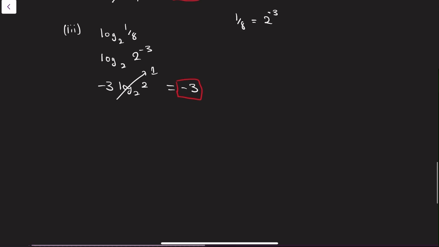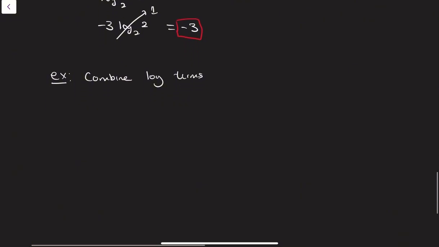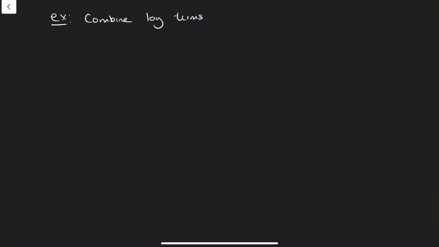And then the last but not least example, we want to combine log terms. So we're going to have this problem, 1/4 log a minus 8 log of b plus 2.